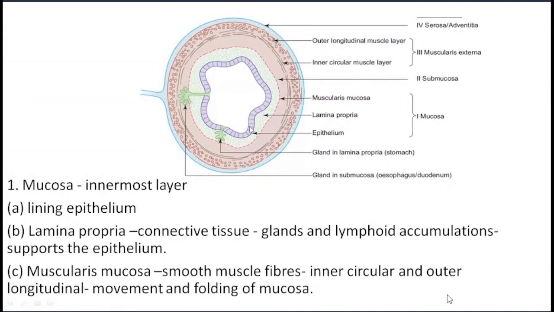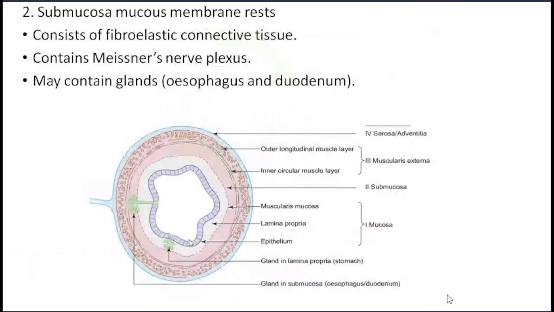And the mucosa will form foldings and it moves on the submucosa. This total mucosa moves on the submucosa. The mucous membrane mostly rests on the next layer, the submucosa.